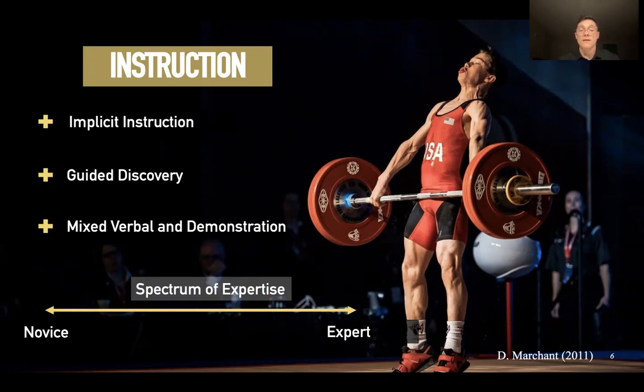That's going to be important as Danny progresses along his career, because we want him to be able to retain the skills that he's learning. Implicit instruction and guided discovery are going to be better at retaining that information as opposed to, say, explicit or prescriptive instruction.